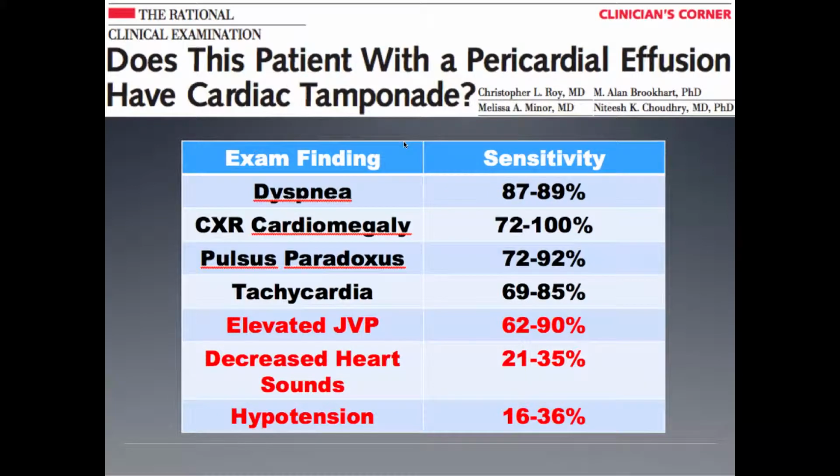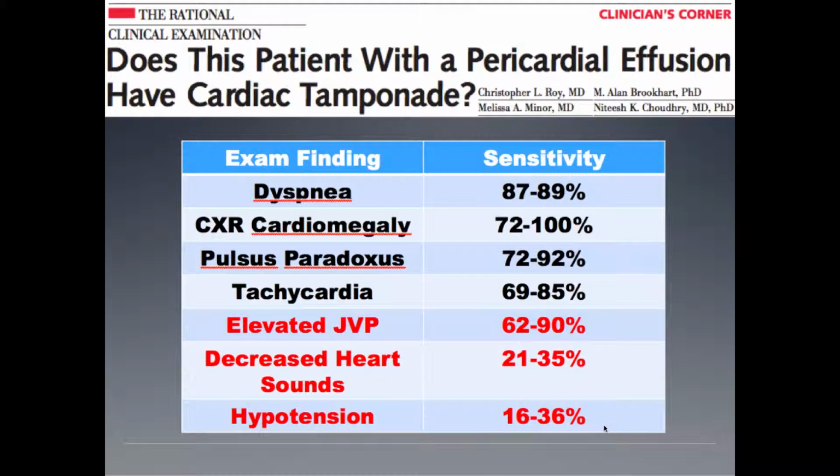This is a series from JAMA's Rational Clinical Exam, which tries to ask the question, if your patient has a pericardial effusion, do they have cardiac tamponade? And here are the various physical exam findings and their corresponding sensitivities. The physical exam findings down here in red are Beck's triad, which is elevated JVP, decreased or muffled heart sounds, and hypotension.